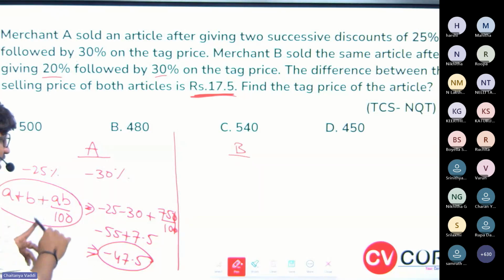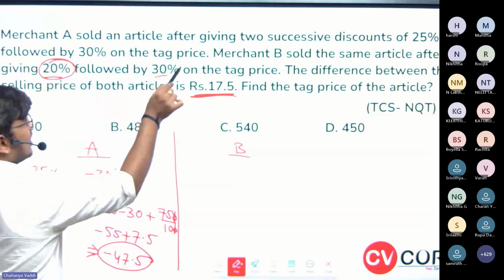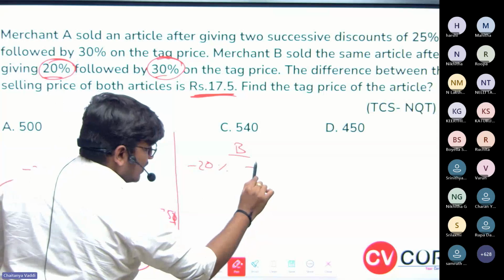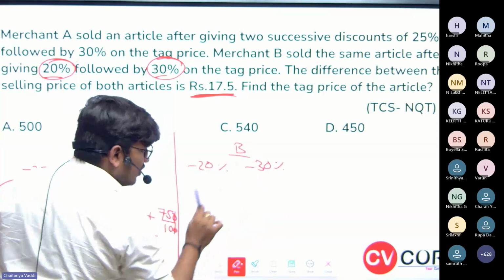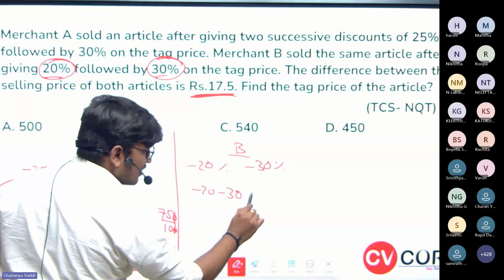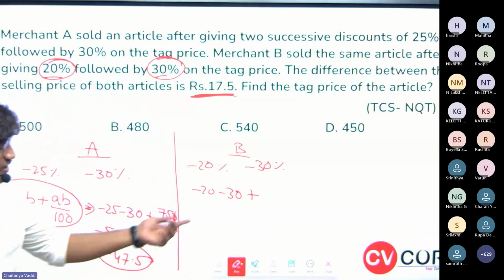After taking 25% and 30% discounts, I'm getting an overall discount of 47.5%. Now the same logic applies here. Merchant B is giving 20% and 30%. So one is 20% and the next is 30%, which means minus 20 minus 30, plus minus into minus. You might have a doubt, sir, why are you taking plus here?